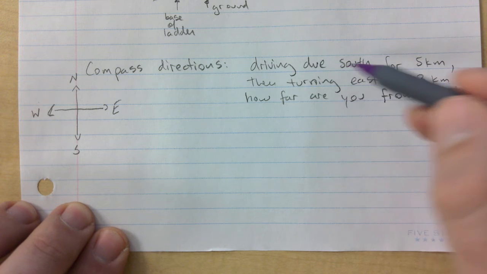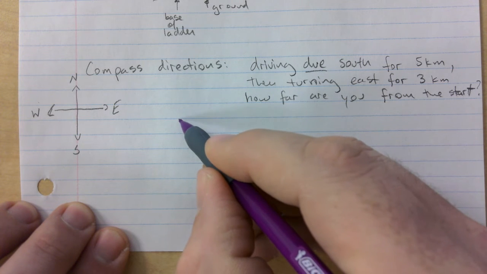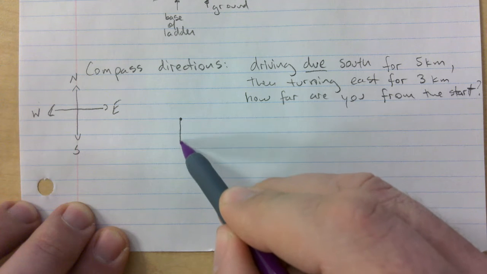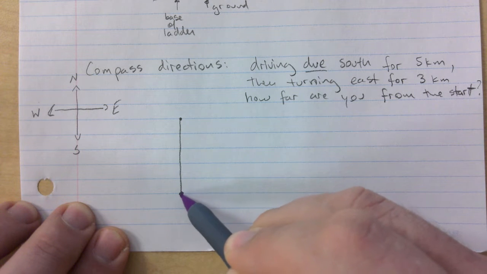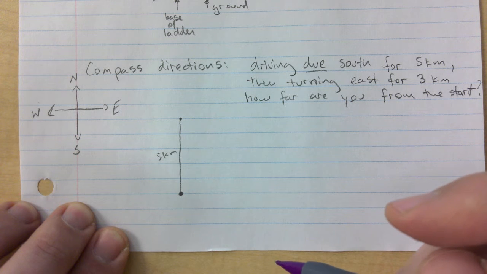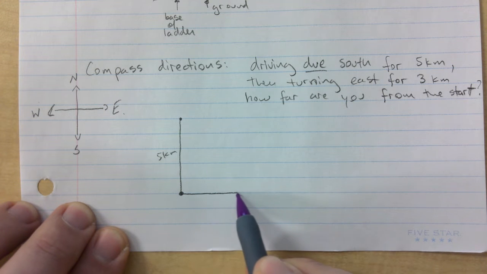If you're driving due south, that's just a way of saying you're going straight south. So start somewhere on your paper if we were to graph this. You're going 5 kilometers due south, and then you stop. So it's 5 kilometers that you've traveled. Then you turn 3 kilometers east, and notice east is to the right here. So that should be a little shorter.